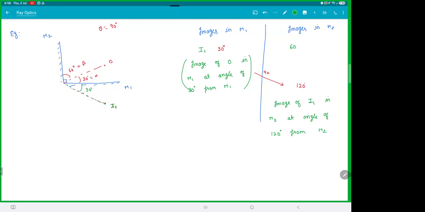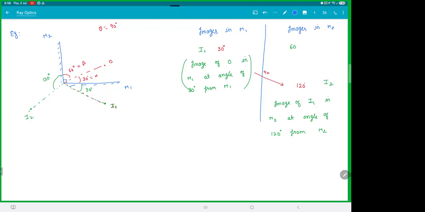Meaning this guy, let's call this image I2. So you will get an image I2 from this M2 mirror. You have to put 120 degrees on this side. So somewhere here. This is I2. This will be 120 degrees from this side. Is that making sense how we are interpreting it?